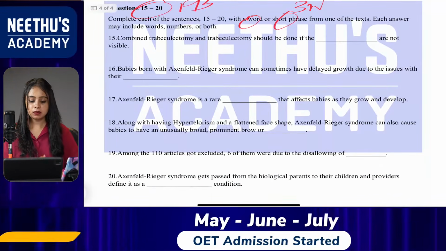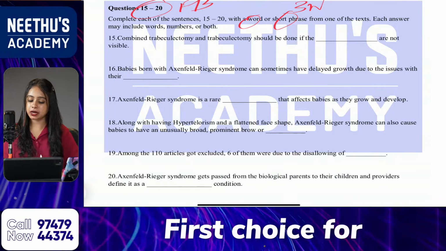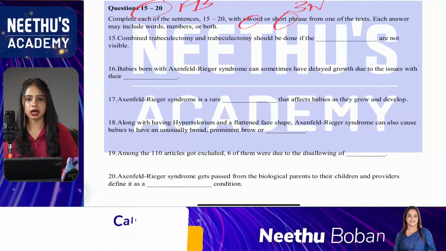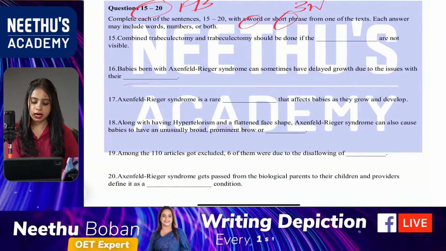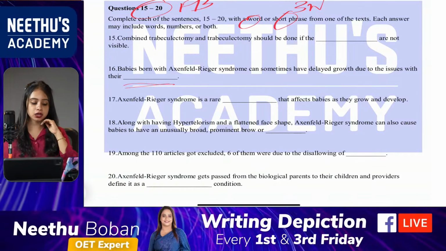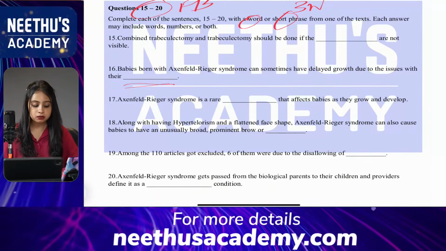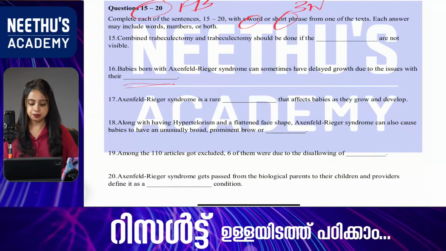Then the 16th one. Babies born with Axenfeld-Rieger syndrome can sometimes have delayed growth due to the issues with their dash. With what? Oh, a lot of correct answers. Okay, Sharmi, angle structure. Leah, angle structures. Very good. What about the 16th one?